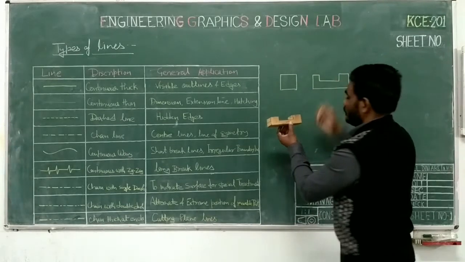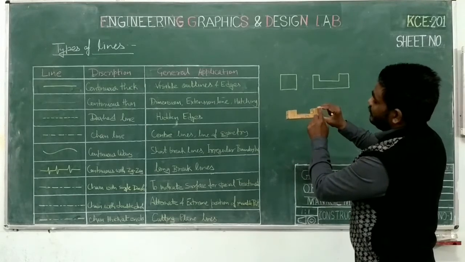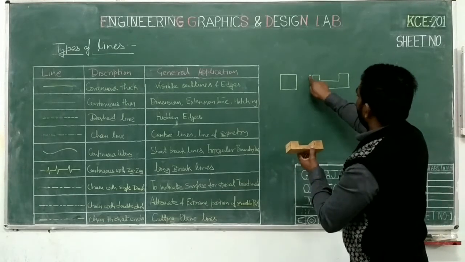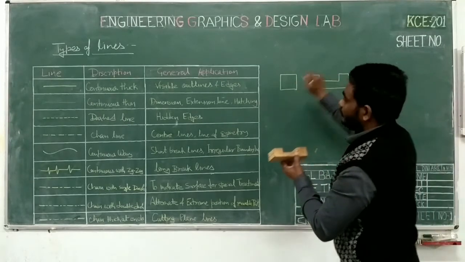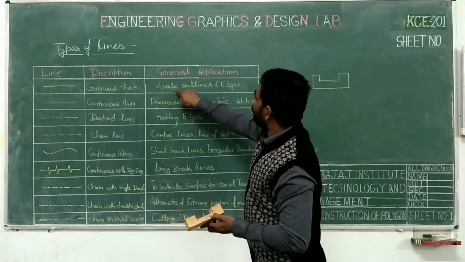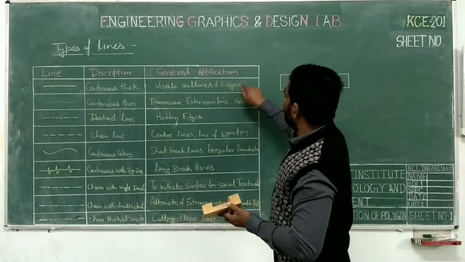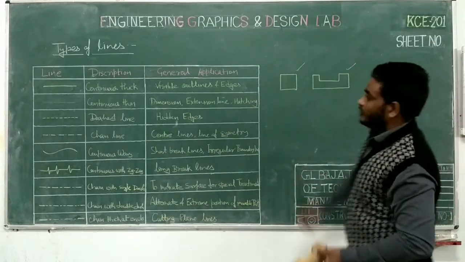So the outer clearly visible edges are drawn with the help of continuous thick line. So continuous thick line is used to indicate the visible outlines and visible edges, for example this square.